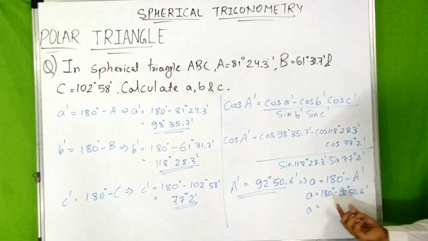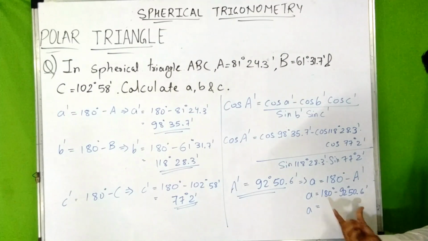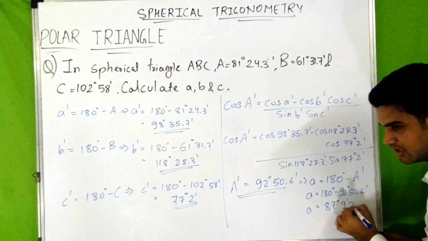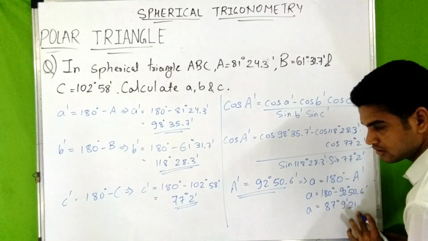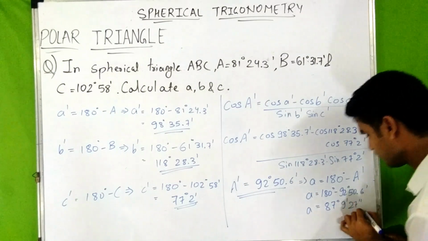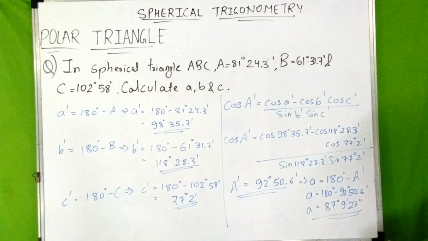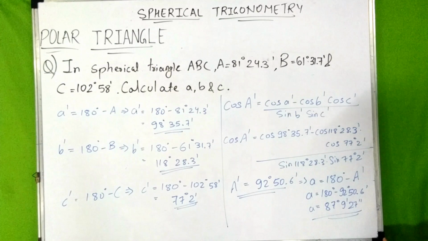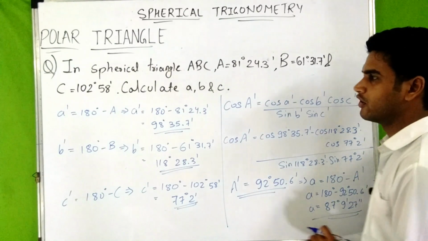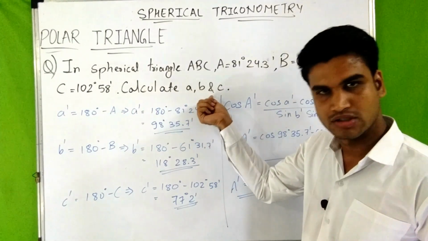When you put this on calculator, you will get 87 degree 9 minutes and 27 seconds. So this is how you can calculate the sides, and similarly you will calculate for B and for C also.